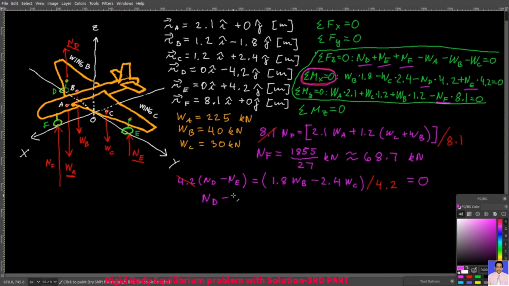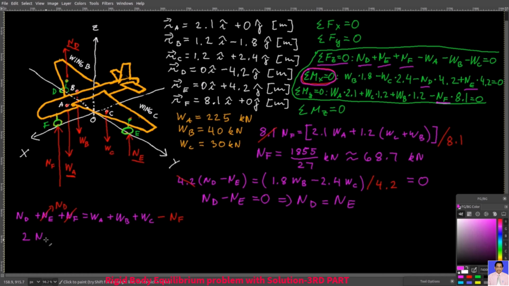So ND minus NE equals 0, which means that ND equals NE. And then from the first equation, I can have it in this form. Then I can put this NF here and get rid of it here. Then NE is the same as ND.